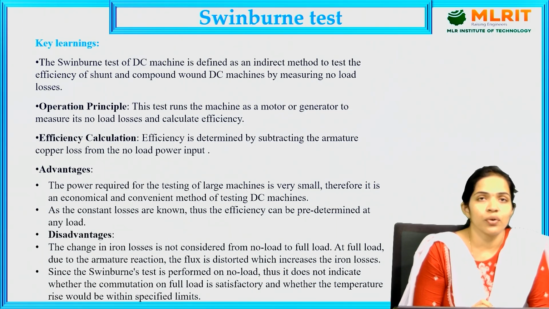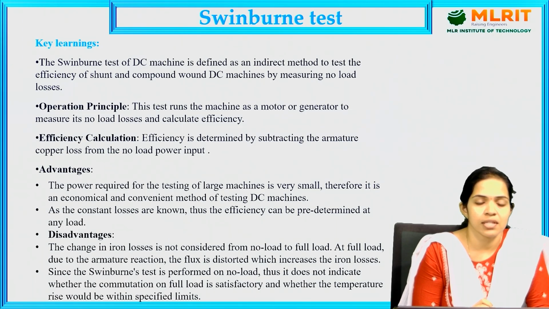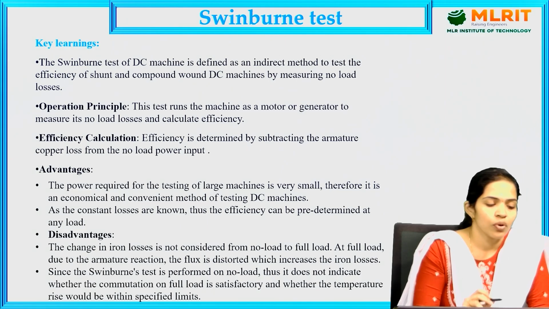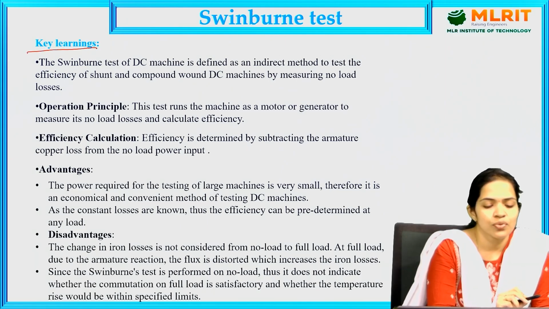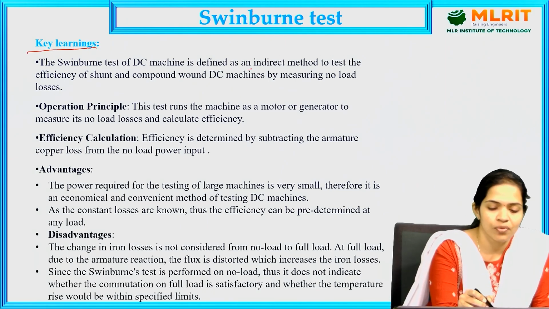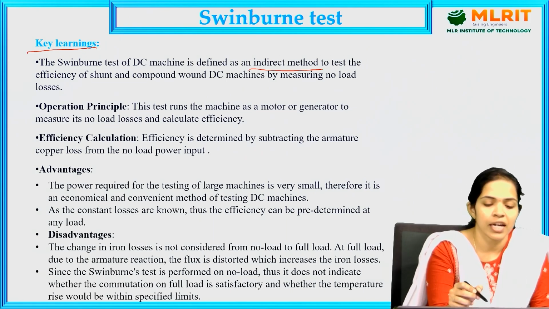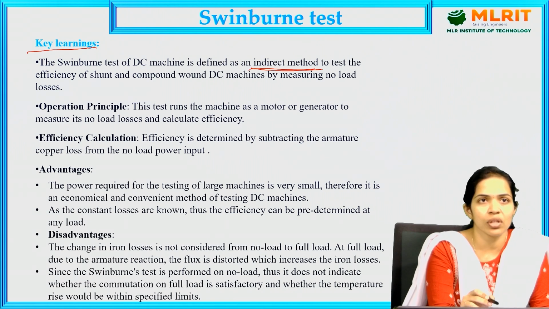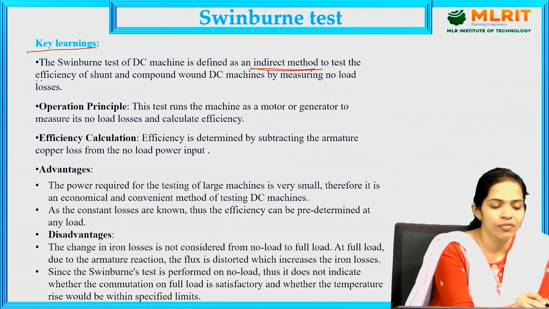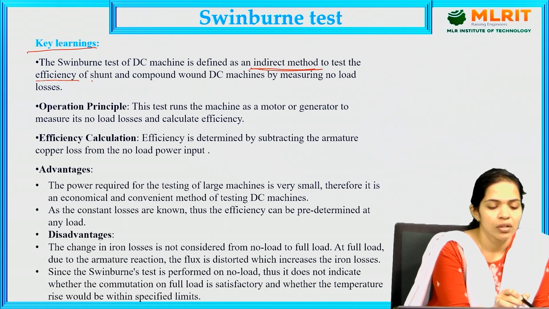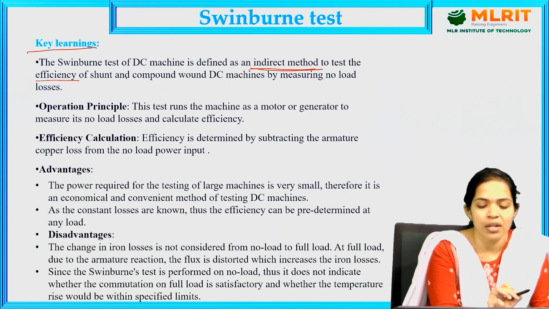First we are going to discuss the first test, which is the Swinburne test. The key learning of the Swinburne test is that it is an indirect method of testing. Indirect method of testing means we are not going to load the motor, but we are going to calculate the efficiency of the motor under no load conditions.